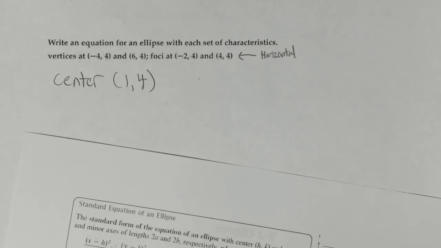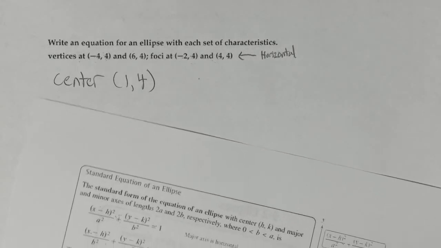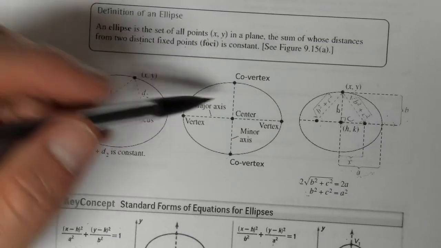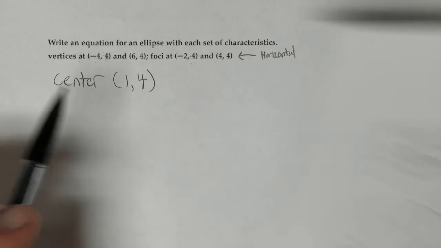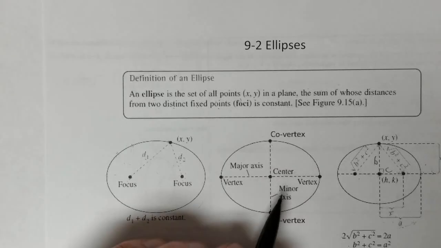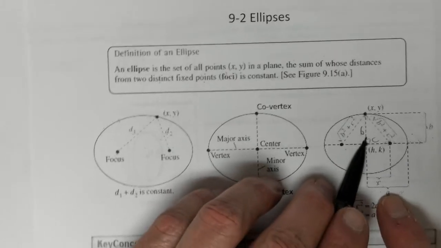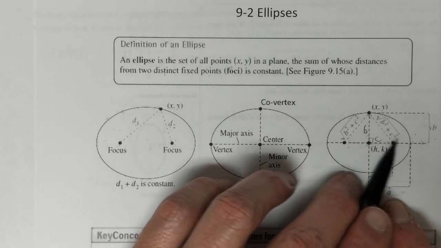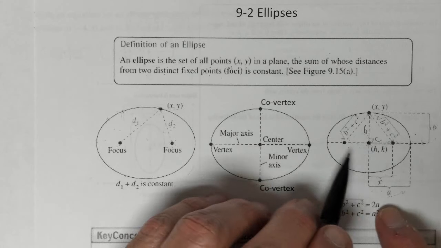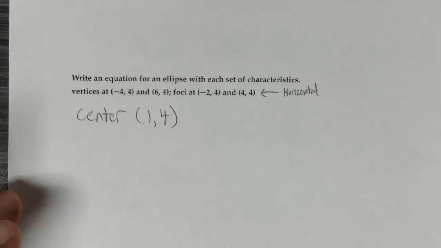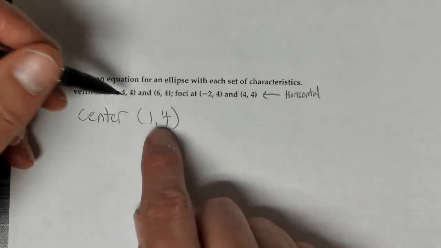Okay, now let's come back here to this. Don't forget, the value of A is going to be from the center to the vertex. If you remember back from when we did 9-2, from the center to the vertex, that's the value of A. Well, how far is it from the center to the vertex?